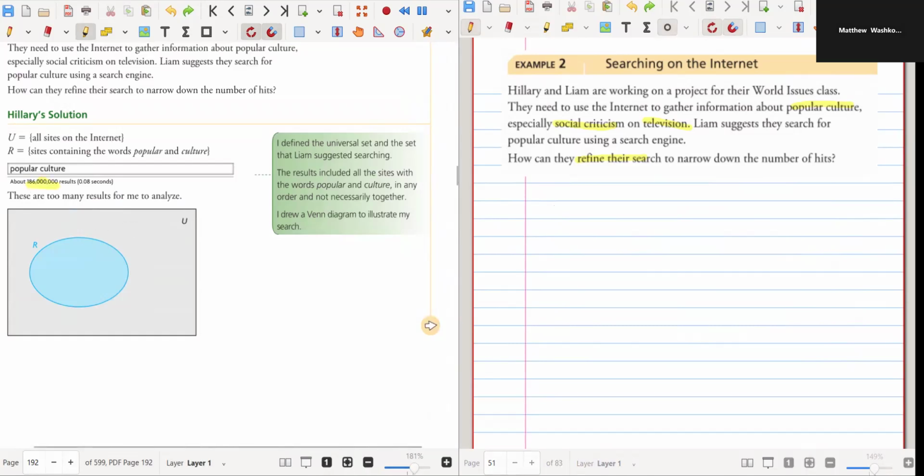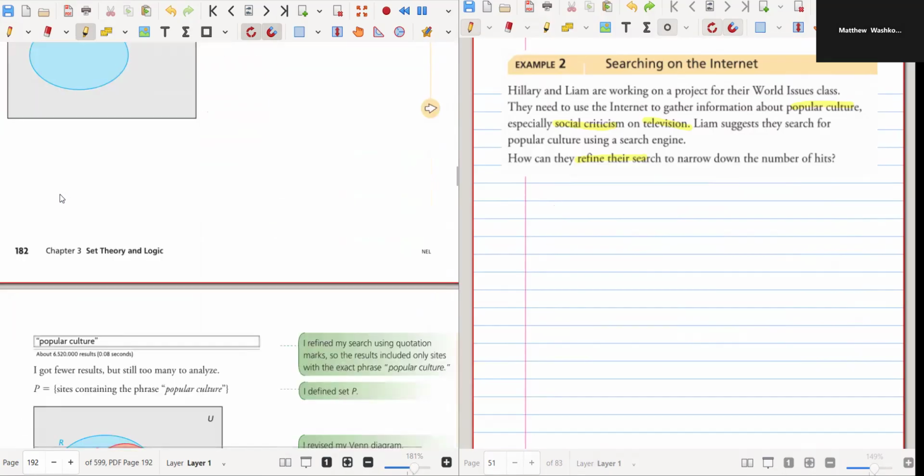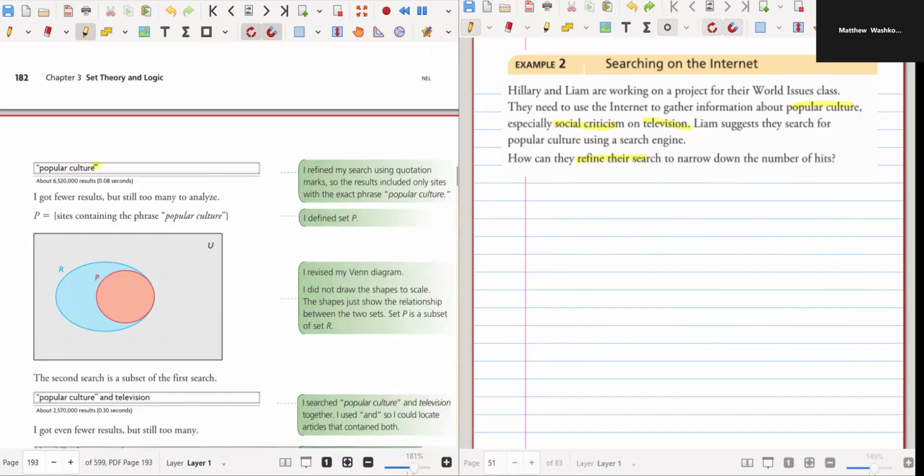They had about the same number of results we did, just too many. So they put popular culture in quotes. All of a sudden, what's happening here? It's only giving you the part of this set that has the words popular and culture together. Again, it's not going to give you popular people love culture. Popular and culture are not together, so it won't give you this anymore.